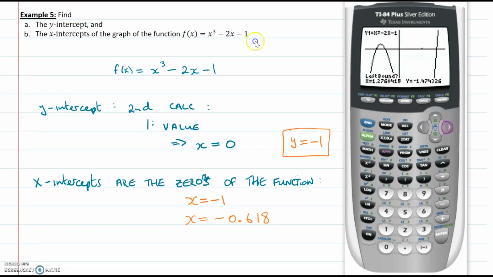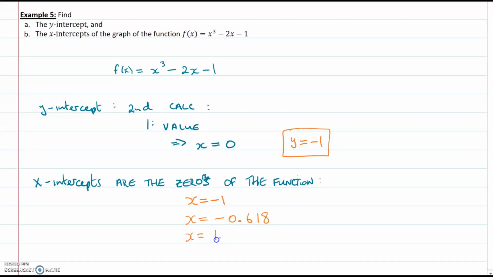And if we keep going, it will come back. Just have a little bit of patience. There it is. Okay, and we're pretty close to the zero there. That's the point that we want, where it crosses the x-axis, and we have to be on the left of it. So just move to the left a little bit. Okay, press enter. Now go back to the point and move to the right of it a little bit. Okay, and press enter. And press enter one more time. You get 1.618.